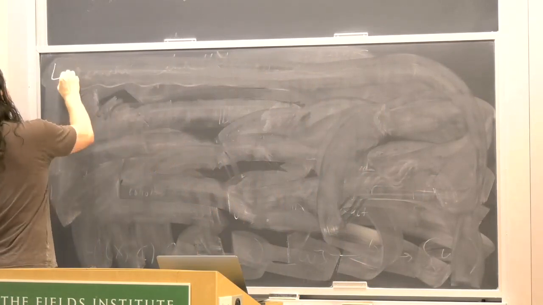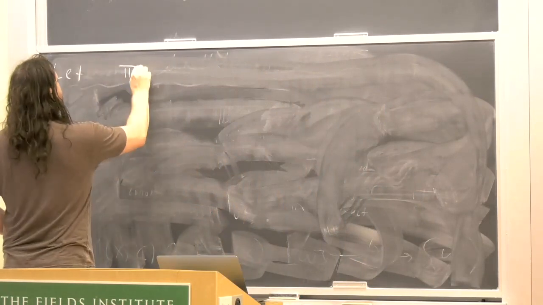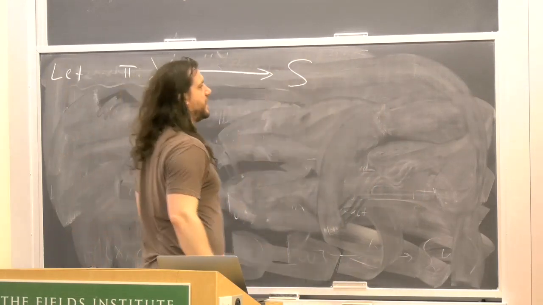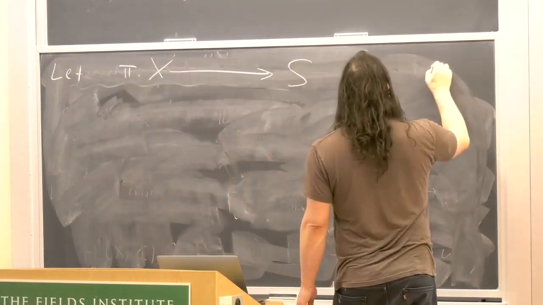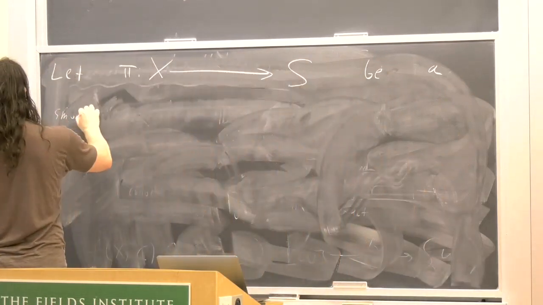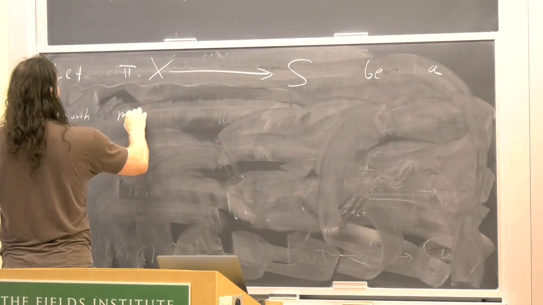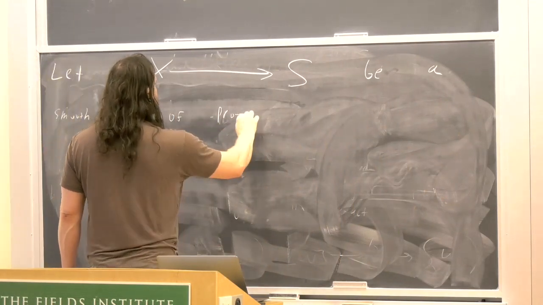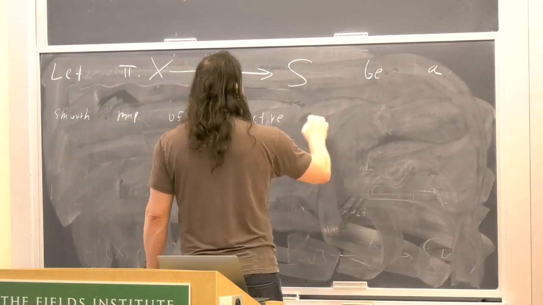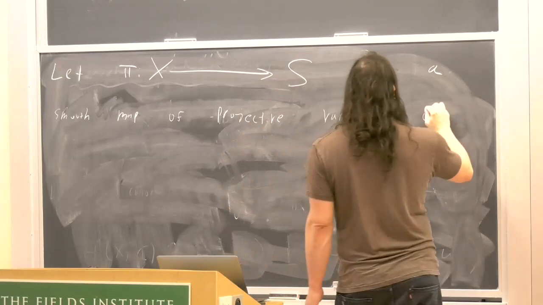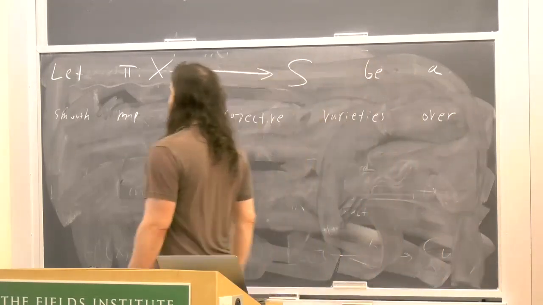Now, finally, suppose we have a smooth map from X to S of projective varieties over, let's say, a complex manifold.